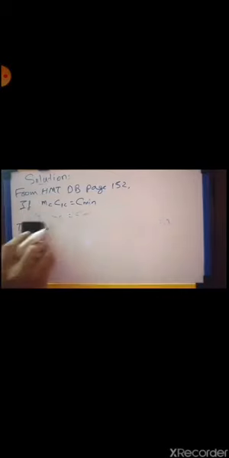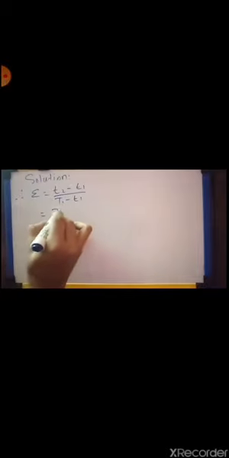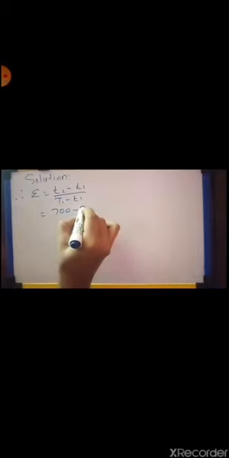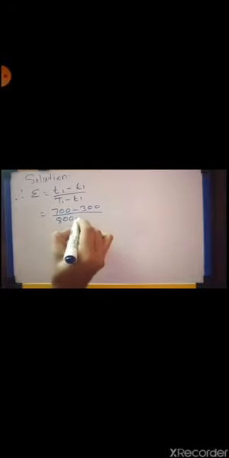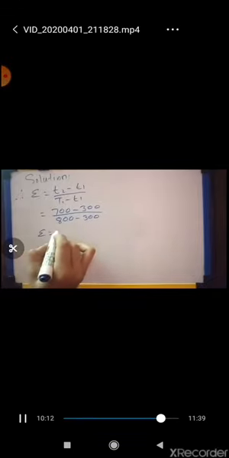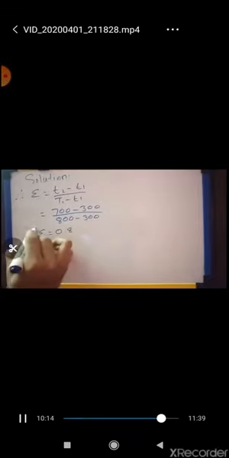The next step is to substitute the values. Therefore epsilon is equal to t2 minus t1 divided by T1 minus t1. Substituting the values, 700 minus 300 divided by 800 minus 300. We get epsilon value as 0.8.